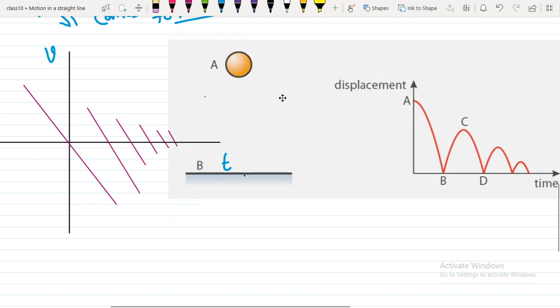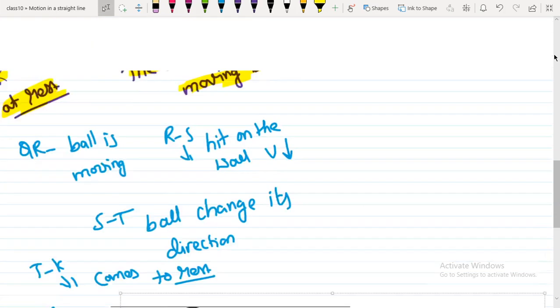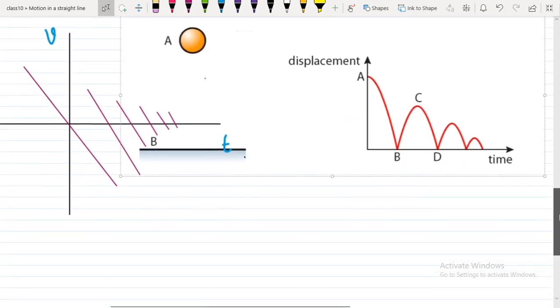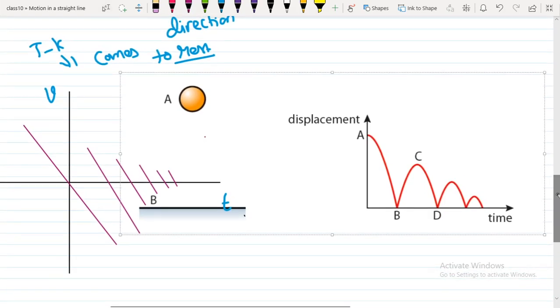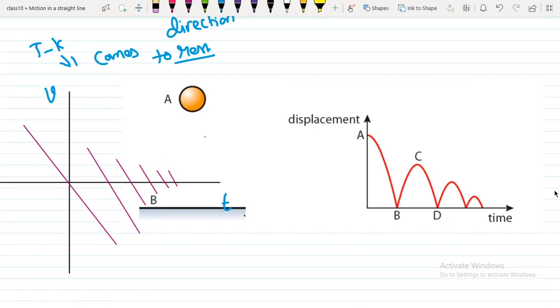This is the displacement versus time graph: the ball is dropped from a certain height at point A, then it hits the floor at point B. So this is the displacement, it is falling.